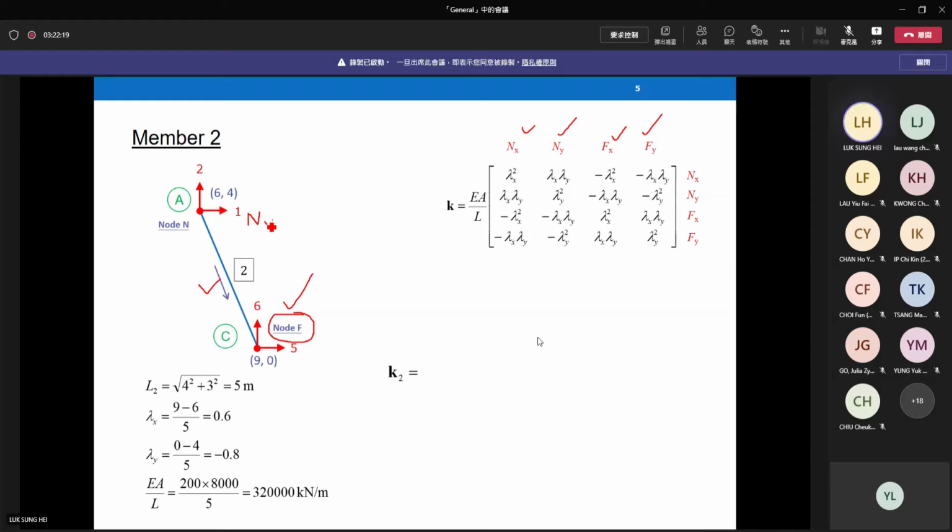Then the values depend on lambda x and lambda y again. The length is not identical to element 1, so you have to calculate the length again, and then use the coordinates to find lambda x and lambda y.